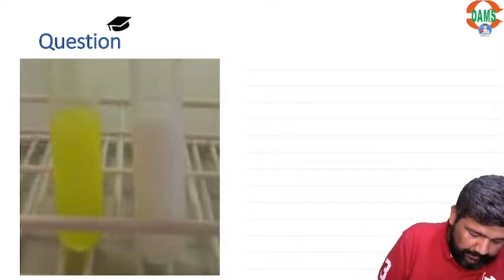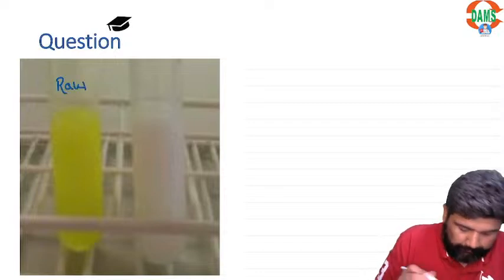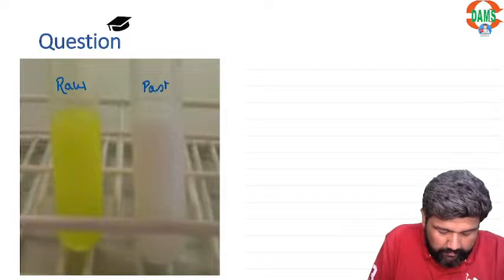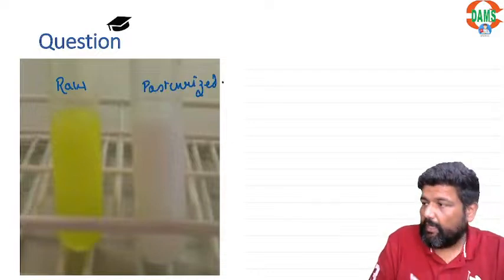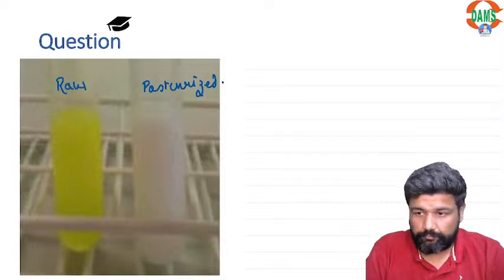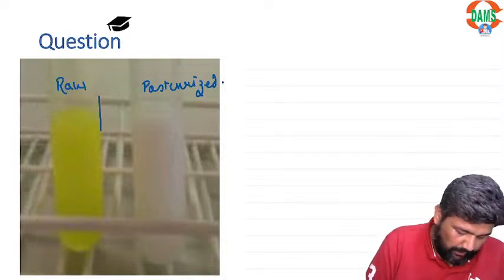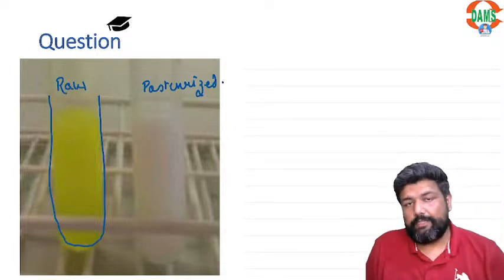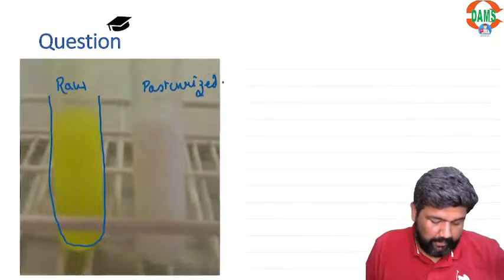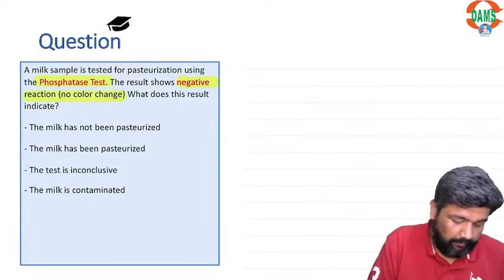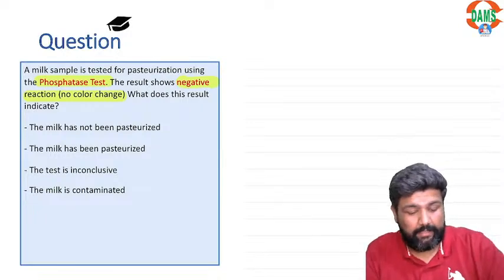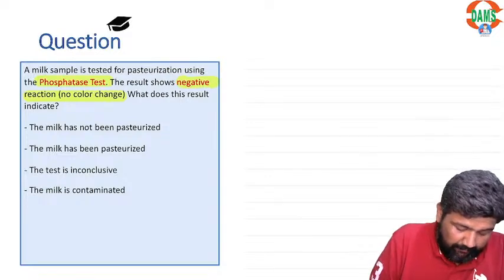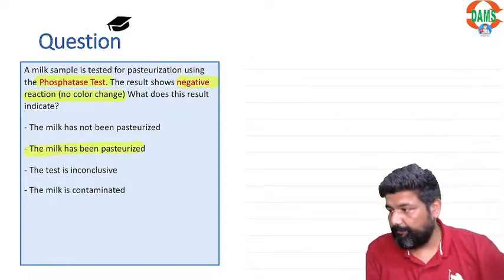Here phosphatase is positive, so this is raw milk. Here phosphatase is negative, so this is pasteurized milk. Can you see the yellow color here? This is positive; if phosphatase is positive, it is raw milk. This is a very important point in public health. If it is negative, the milk has been pasteurized.